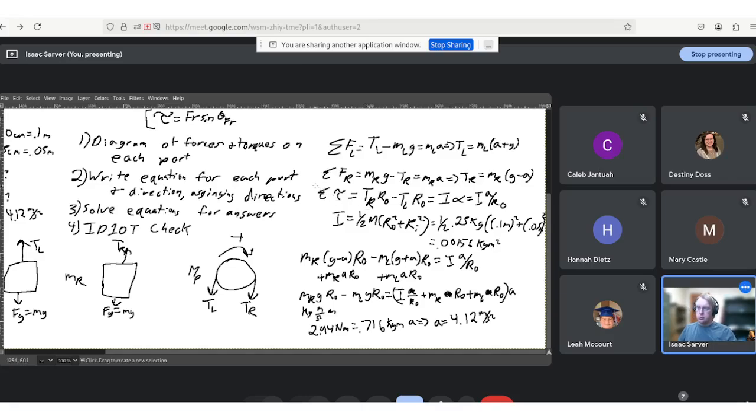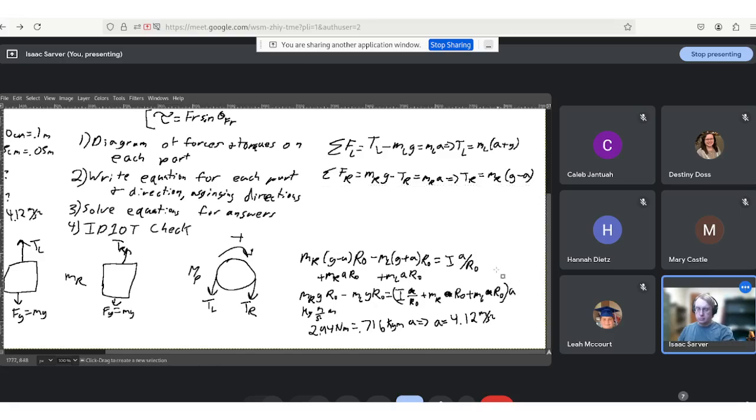Alright. Going to get rid of all of this here in the middle, because now I can answer what is T left and T right. So T left is equal to mass on the left, which was 2 kilos, its acceleration was 4.12 meters per second squared, plus gravity, 9.8 meters per second squared.